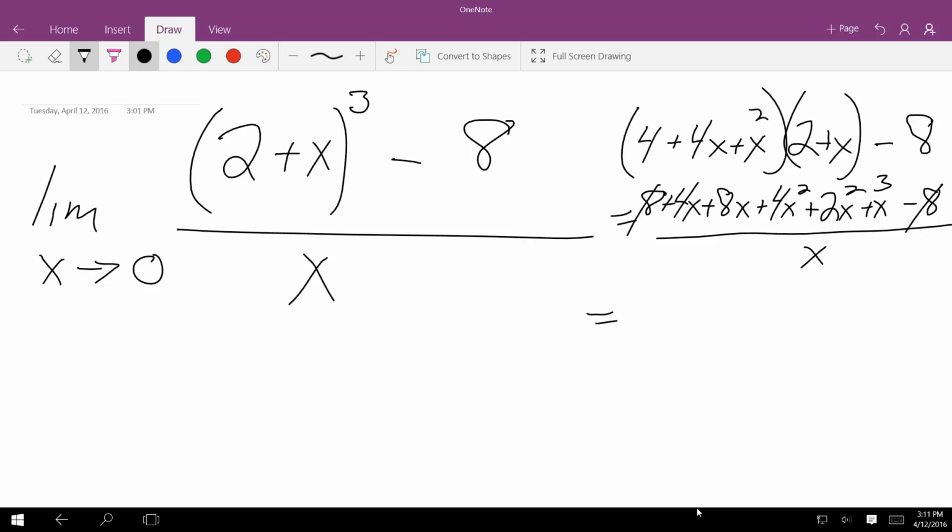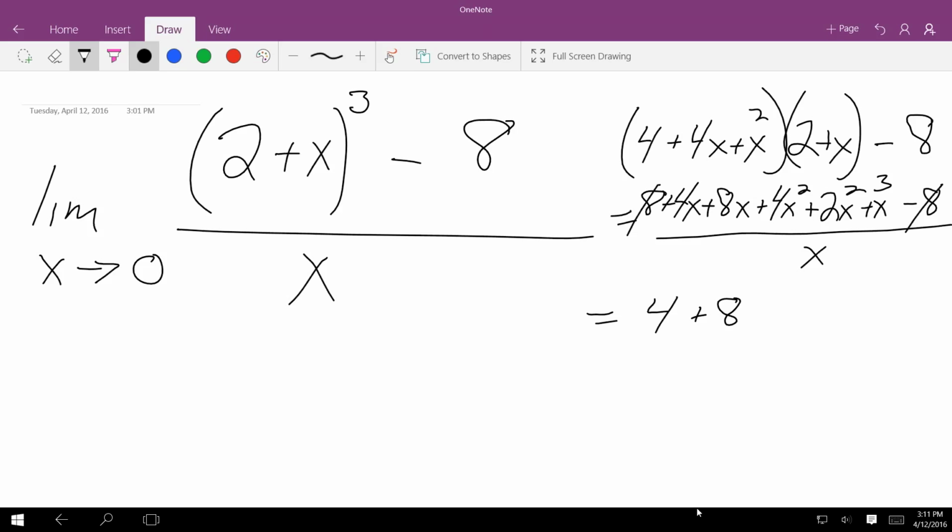You don't have to combine the top. Let's just divide everything by x, and what do we got? What do you start with? Very first term. Divide that by x. I'm going to divide every one of these terms by x. So you would divide 8 by x? Okay, so those are our first two terms.